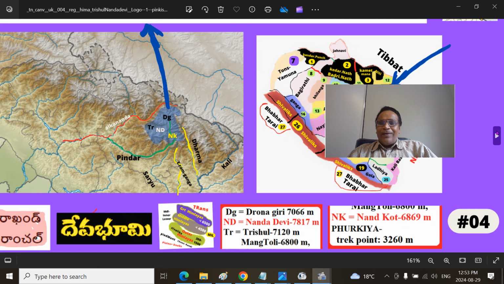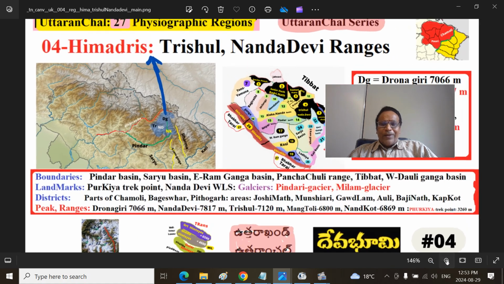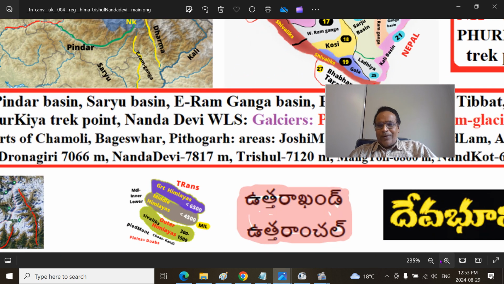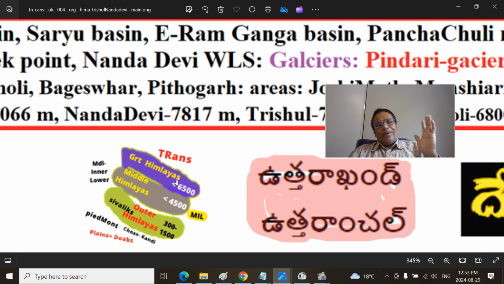Before that, you have to have a broader understanding of what the Himalayan mountains are. There are 3 parts of the Himalayan mountains: Greater Himalayas, Middle Himalayas, Outer Himalayas. Middle Himalayas have different names to confuse you. Remember middle, that means Middle Himalayas, easy.